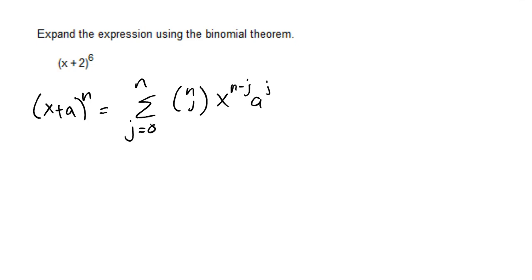So I want to write this in the context of our problem. We have (x + 2) to the 6th power, so we're going to sum from j equals 0 to 6.